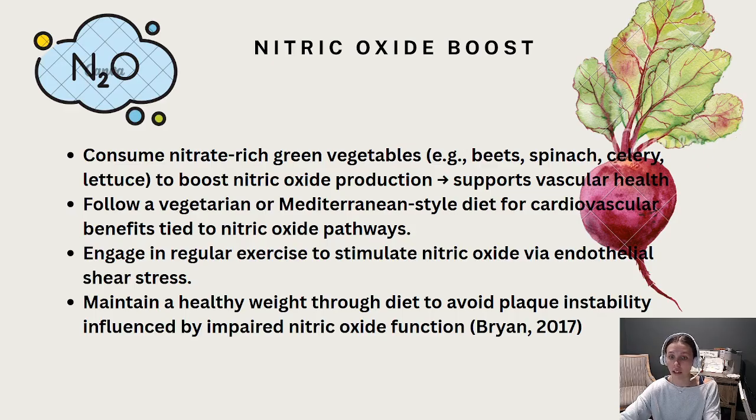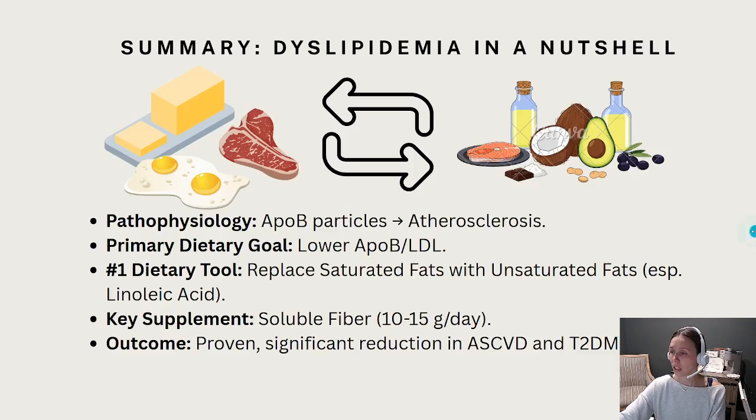Third, we want regular exercise because the physical force of blood flow against the vessel walls is a primary stimulus for nitric oxide release, which improves endothelial function. And finally, we want to maintain a healthy weight to reduce the inflammatory burden that impairs nitric oxide synthesis. So these diet and lifestyle factors work together to protect the endothelium.